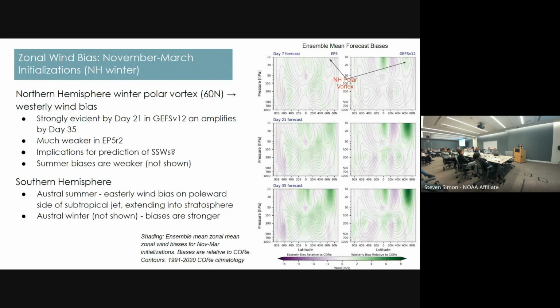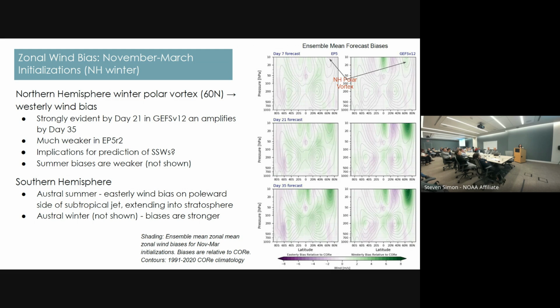So what I'm starting with first, I don't know that you can see all these lines, but that's all right. These are the zonal wind biases for November to March initializations. And I don't know that the lines are showing up very well, but the contours would show the climatology. That's where you'd be able to see the polar vortex, and the shading shows the biases.